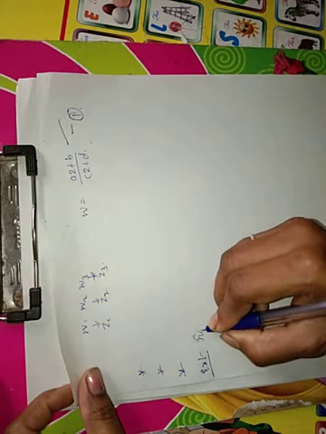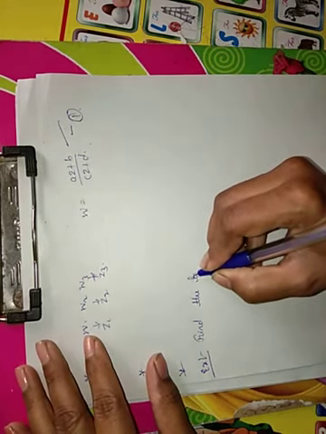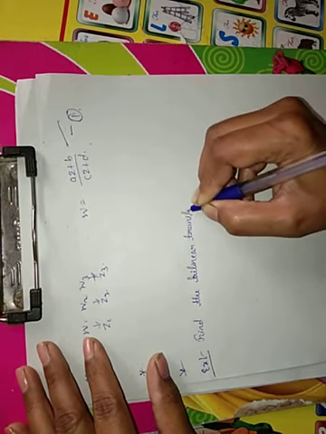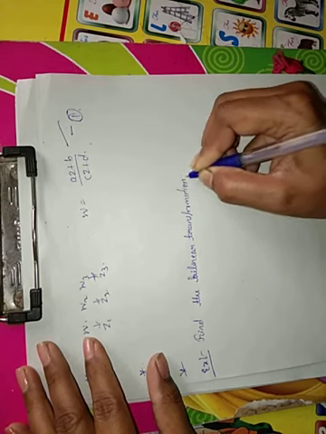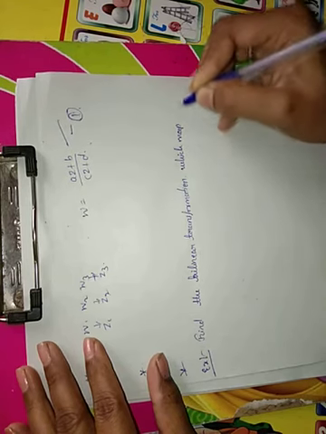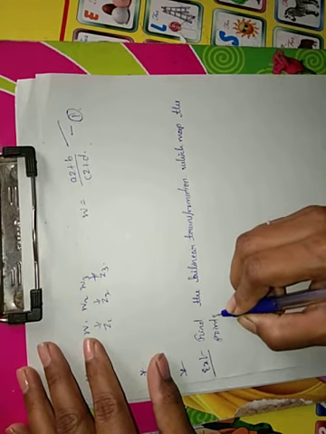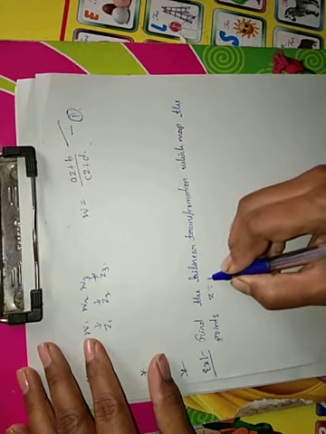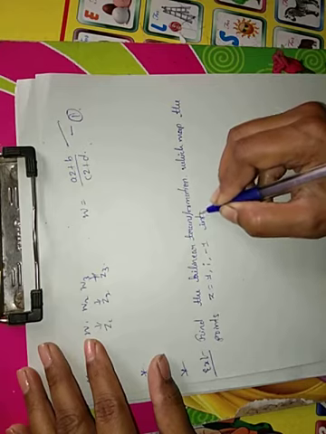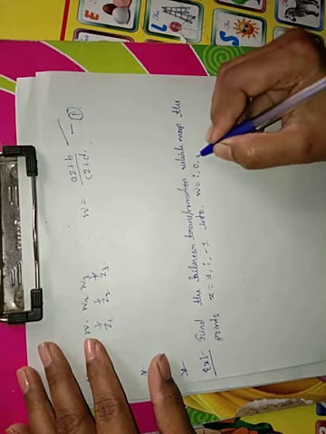Find the bilinear transformation which maps the points Z equal to 1, i, minus 1 into W equal to i, 0, minus i.